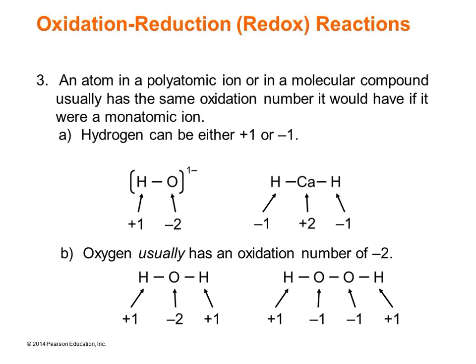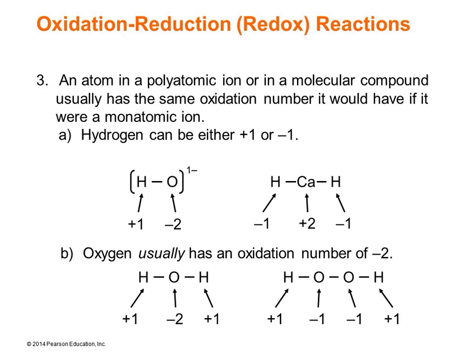Now we're getting somewhere. First and foremost, an atom in a molecular compound or polyatomic ion usually has the same oxidation number it would have if it were a monatomic ion. What does it mean by that?